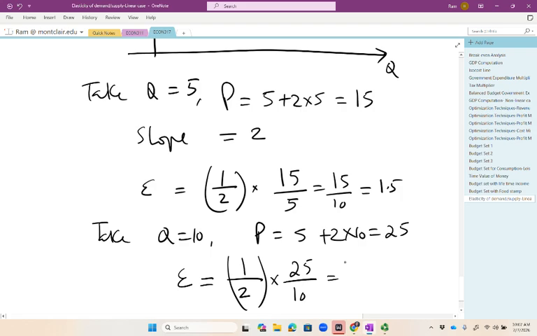So I got 25 in the numerator, 20 in the denominator. This is 5 over 4. By cancelling out 5 from both numerator and denominator, 1.25. And this is a good point to stop.